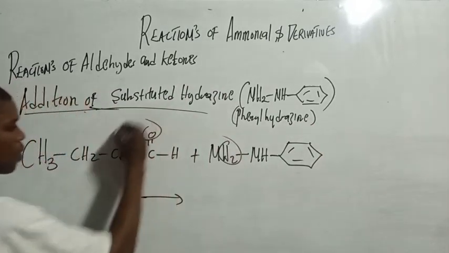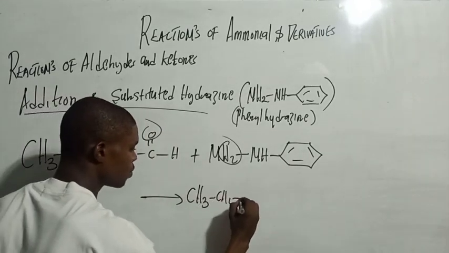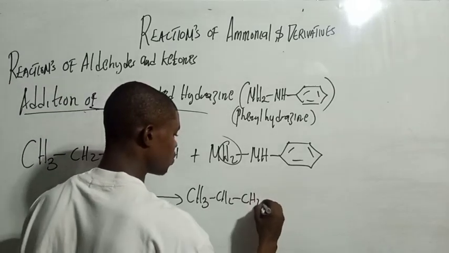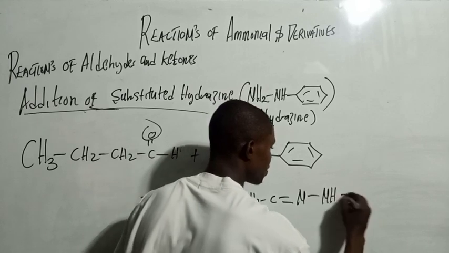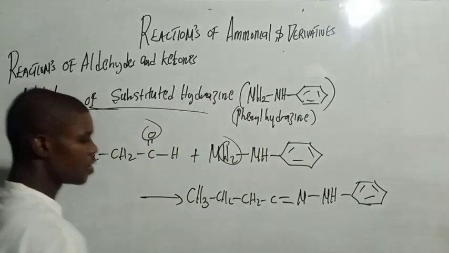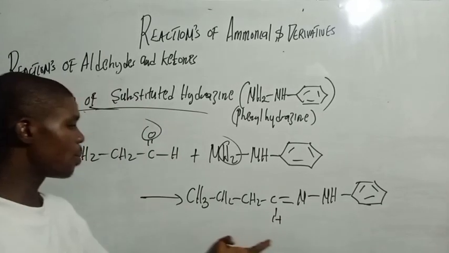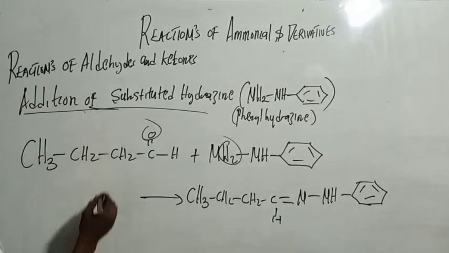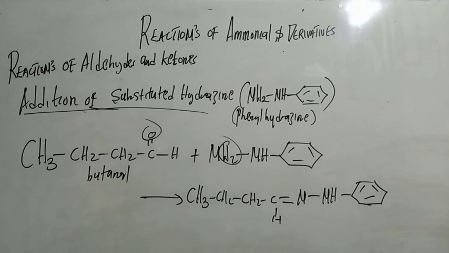These two will move out to form water. So here we have CH3CH2CH2C=N-NH with phenyl. What will be the name of this product? Remember, it's called butanal.